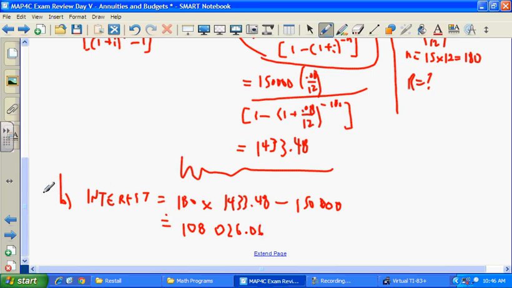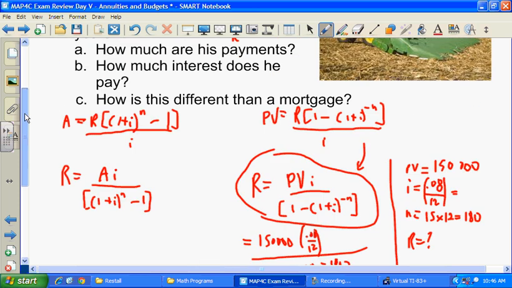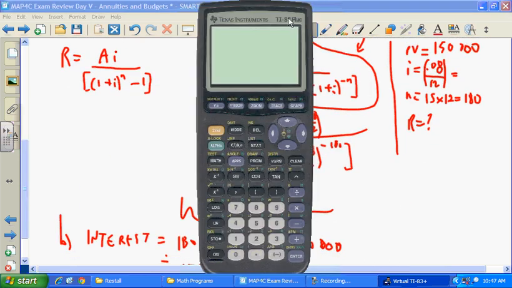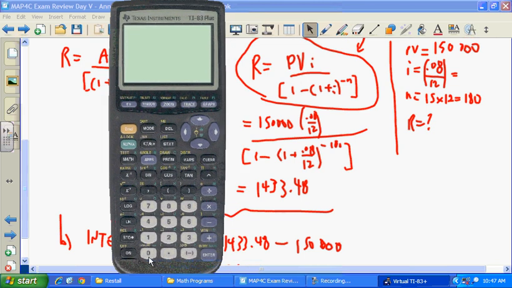Okay, before we go on and answer Part C, I'm going to remind you how to do that on the calculator. So apps, finance, TVM solver, number of payments, and again, the calculator can do some of this stuff for you. 15 years, 12 times a year, the interest rate. We don't have to divide by 12. This is one thing that's a little bit confusing.